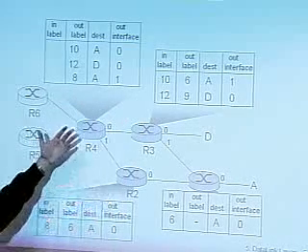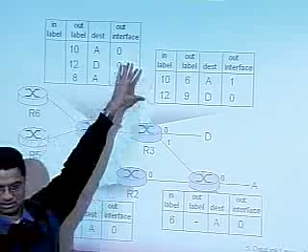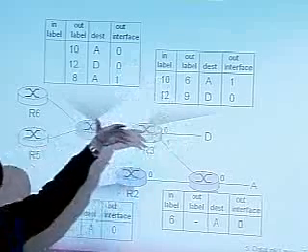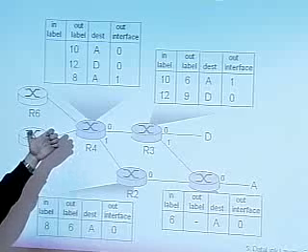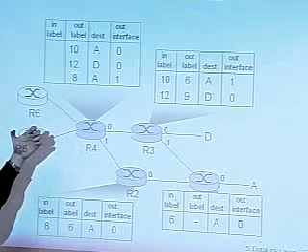So that becomes a private network, and all the routers on the way will just follow that virtual circuit, follow that path, and isolate traffic.